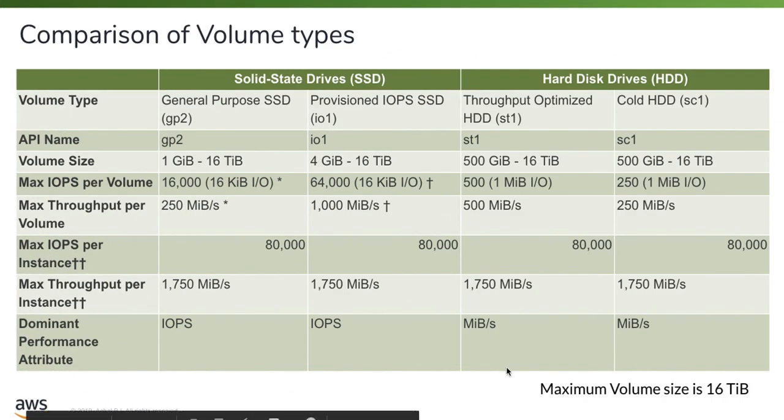So there are different options available. Most importantly, as I said earlier, you would get in any case a maximum of 16 terabytes in any volume option. So 16 TB is the maximum volume size that you could get.